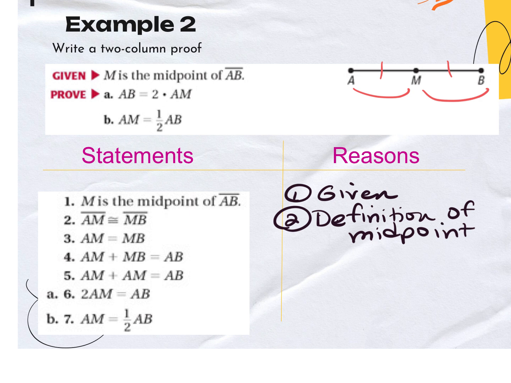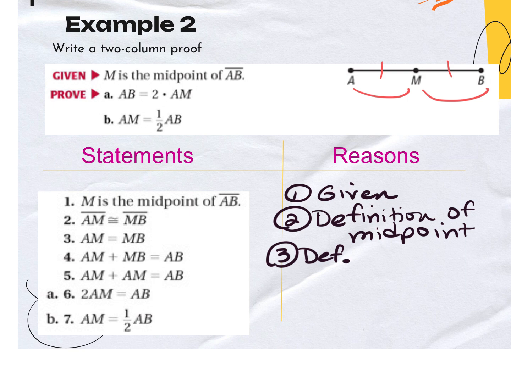Now, for the next step, all they did was change the congruency symbol to an equal sign. So I'm okay with you not changing it. You could have kept the congruency symbol or just used an equal sign throughout. But if they are giving you a drop down where you're going to change it from an equal sign to a congruence or vice versa, this is going to be the definition.